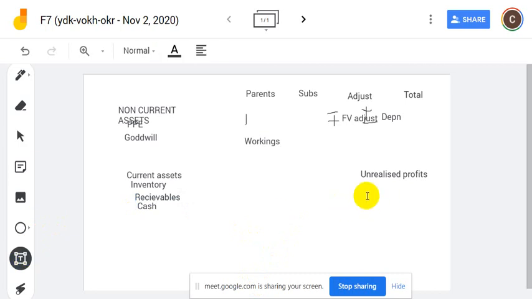Yes, please. For the amount owing, whether it's the parent or the subsidiary owing under receivables, do we add the balance?